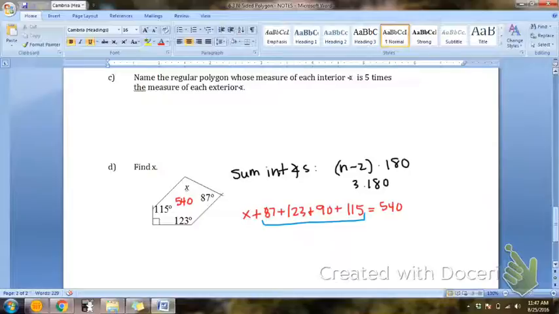Question? What did you guys get for x? 125. Perfect. X should be 125.